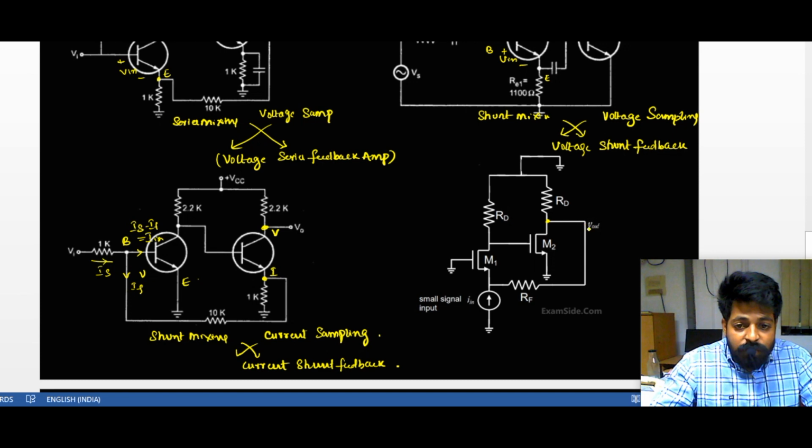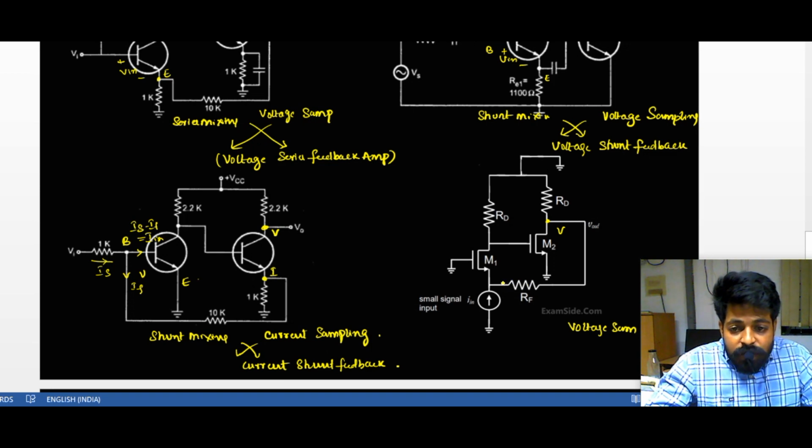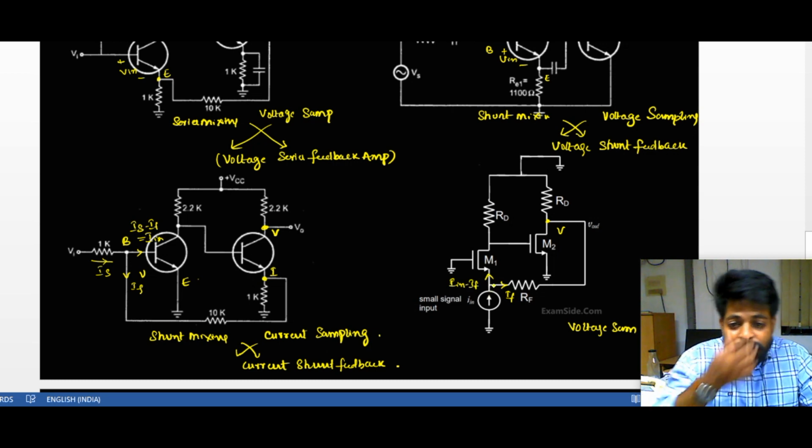In a similar way, the last one, where we take the output from this node. From the same node, we will take a sample. So this is your voltage sampling. Here this is actual current IS, or I input, that is the notation. Here the feedback current will be IF, let us suppose. It is subtracted over here and the remaining current will be going. So this current is I input minus IF, which means the current is getting subtracted.